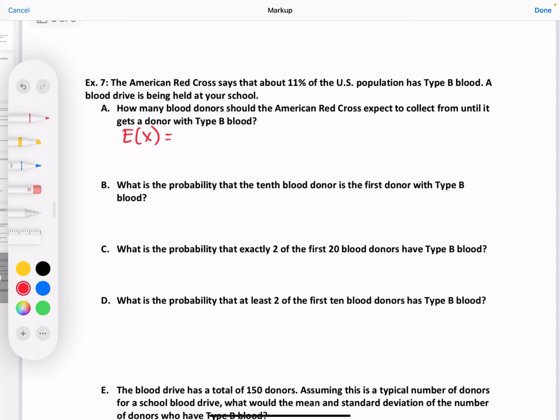And P is 0.11. So 1 over 0.11. It's like 9 point something. Yeah. It's 9.090909 repeating. So we're just going to call it 9.09 people.